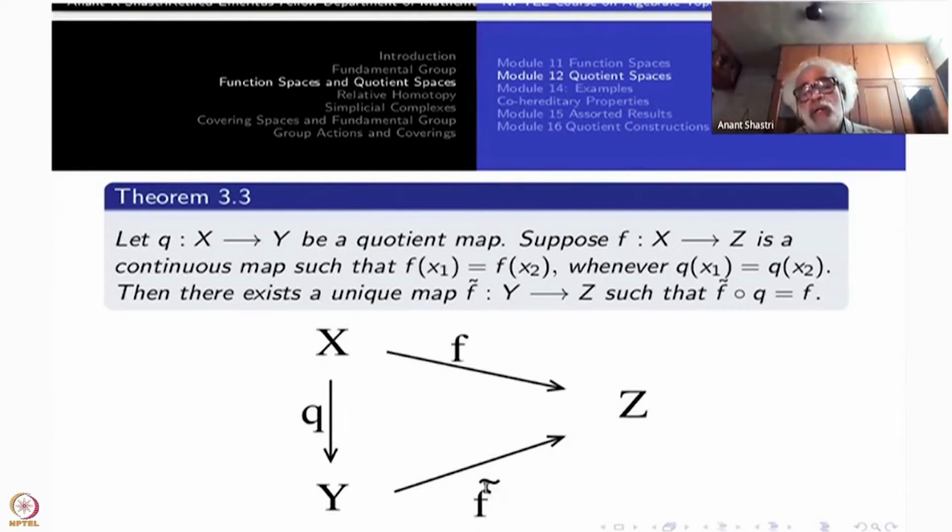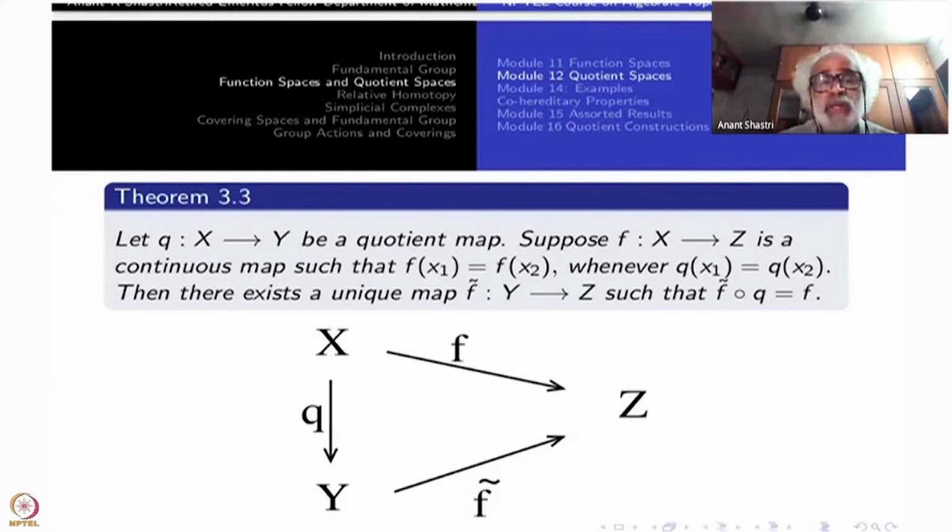You see, continuity of F twiddle automatically implies continuity of F because F is F hat composite Q, and a composite of two continuous functions is continuous. Here, what this theorem says is that if F is continuous, then F hat is continuous.